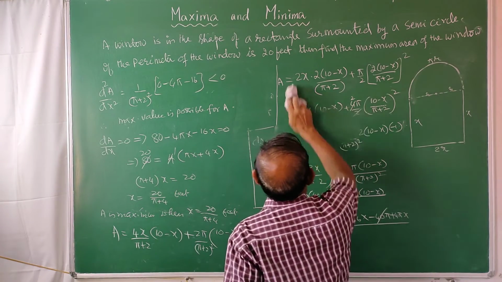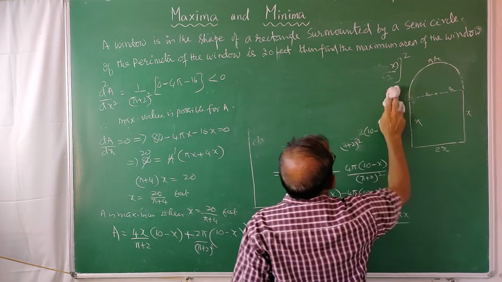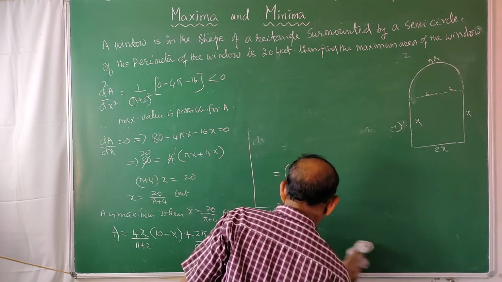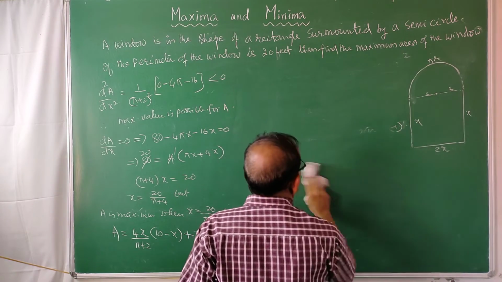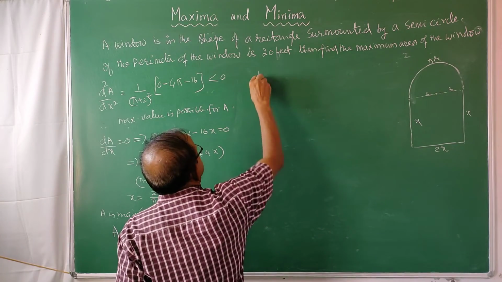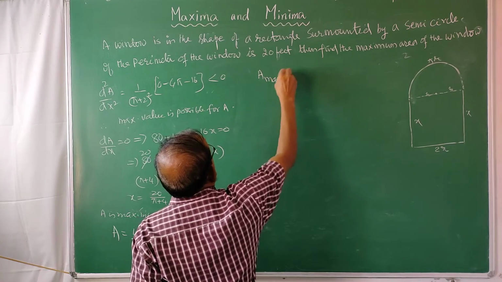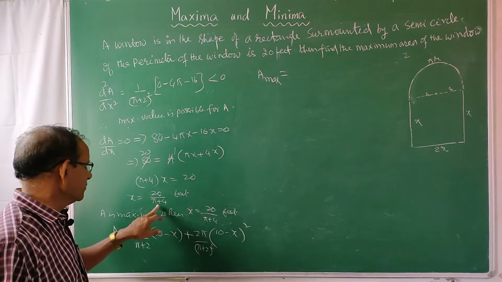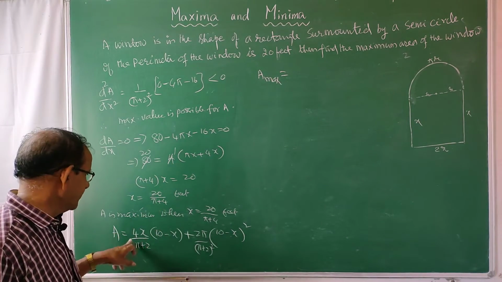Let us find out A maximum. In place of x, you have to write 20 by pi plus 4, so that you will get the maximum area.